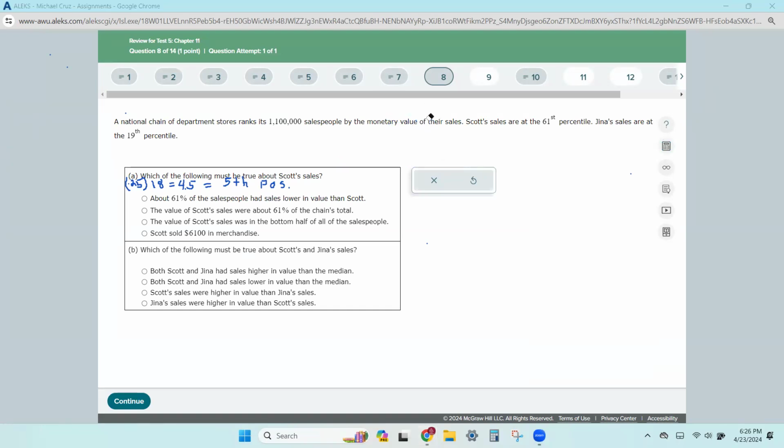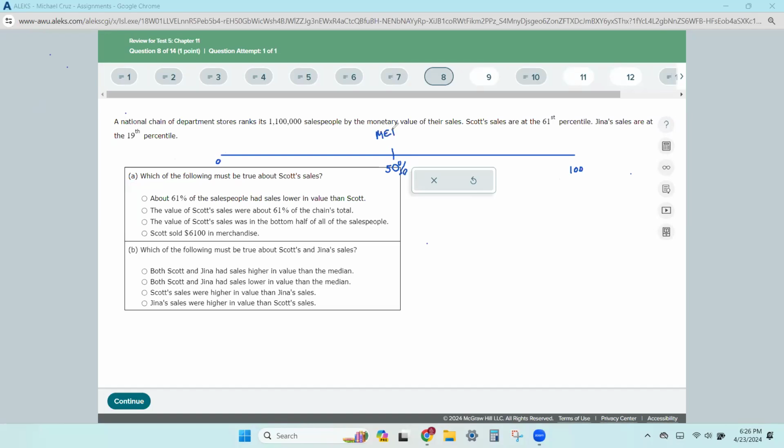Okay. Now, it might help to just see a line here, because remember, this is all about that whole curve thing. So over here, this would be 100, and this is 0, and smack dab in the middle is 50%, which is also the median.